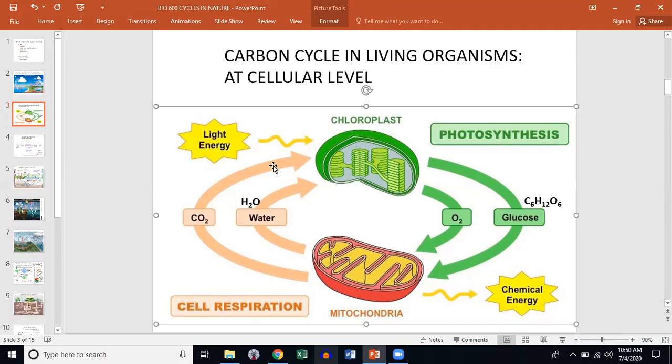Now, for the chloroplast to work properly, to connect these two molecules of CO2 and H2O to make glucose with a side product of oxygen, to do this, the chloroplast needs energy to break bonds and make bonds, all right, and to produce essentially the high energy molecule of glucose.